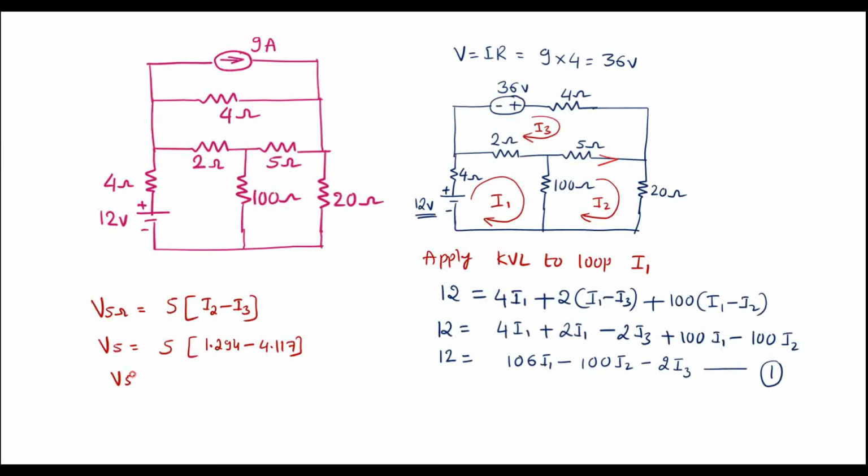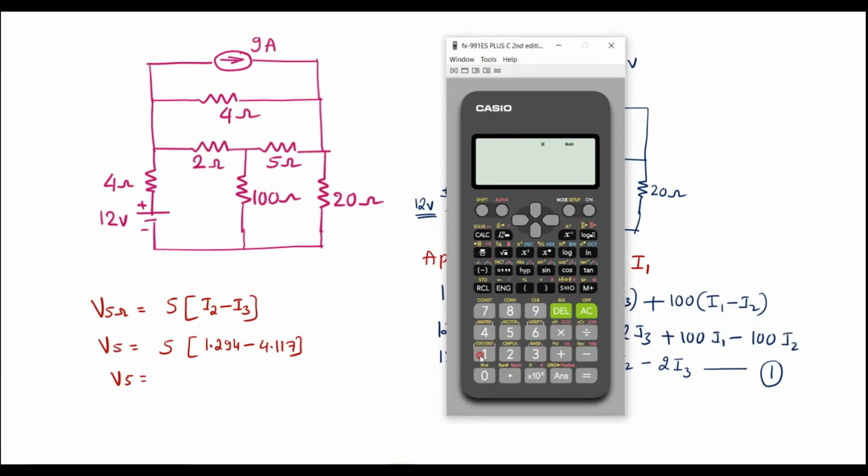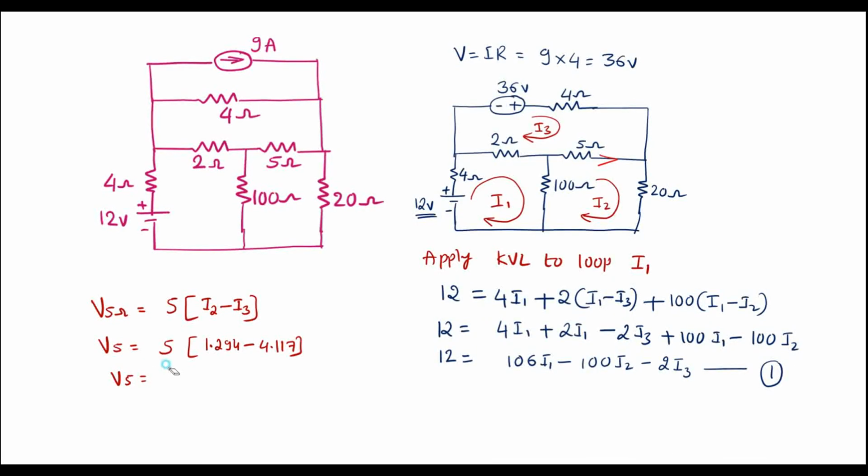Simplifying this, V5 is equal to 1.294 minus 4.117, into 5. Press on this. So this is minus 14.115 volts. This is the voltage across the 5 ohm resistor. Thank you for watching.